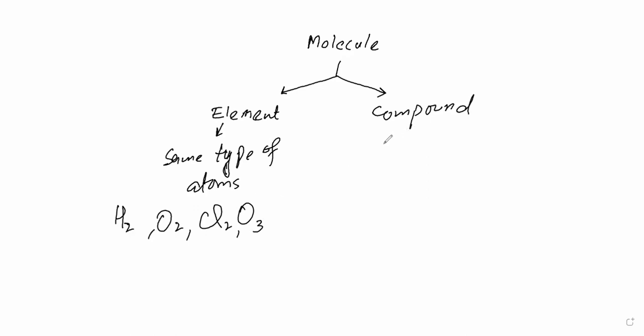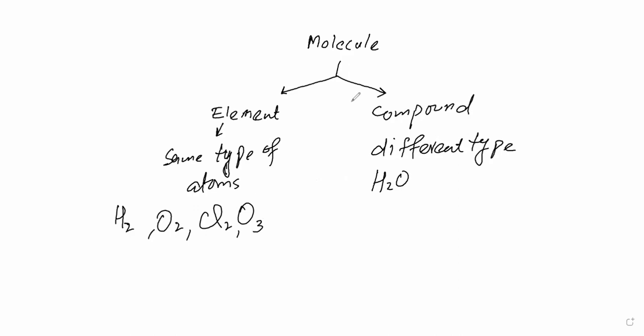So next, when atoms of different types combine, they form a compound, a molecule of a compound. Suppose H2O: 2 atoms of hydrogen and 1 atom of oxygen combine to form H2O.